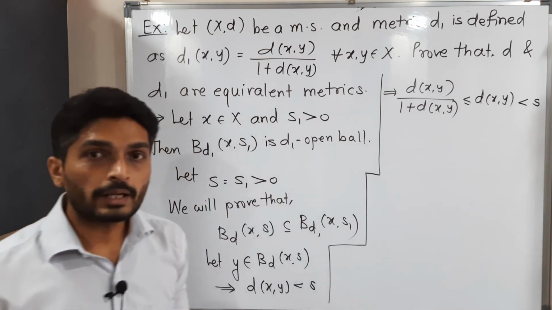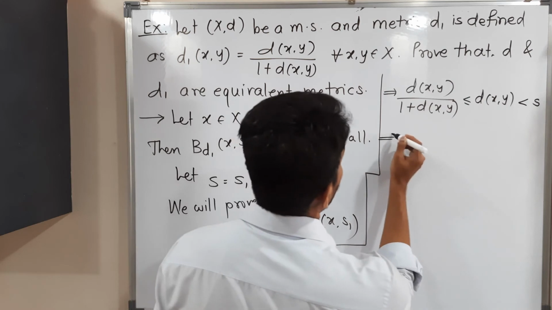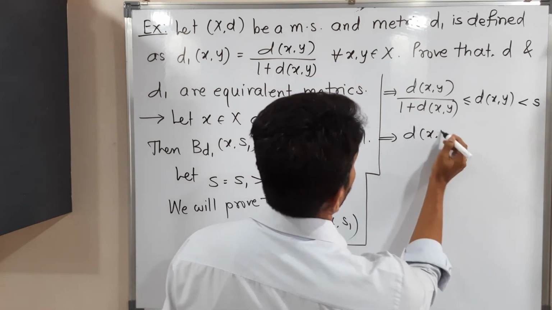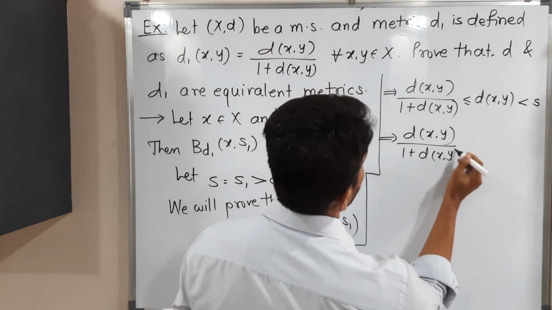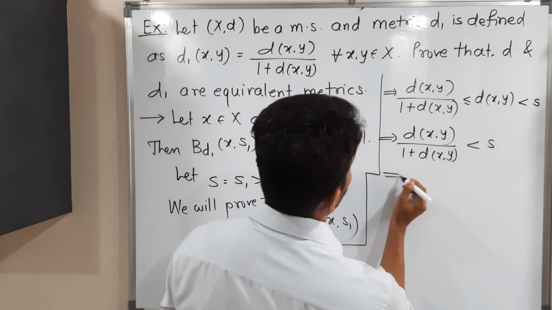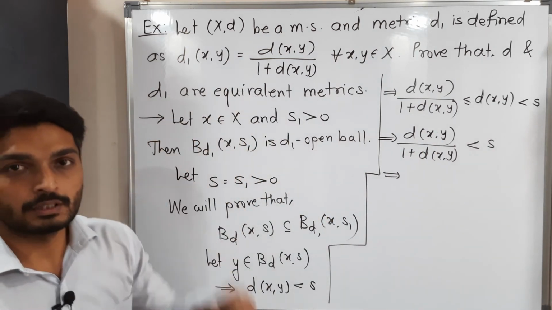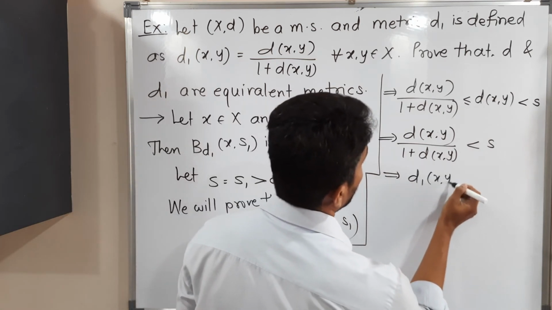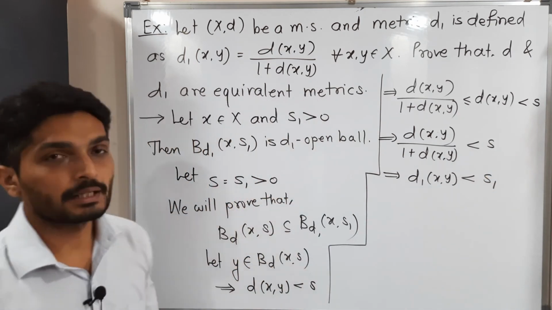We know that if a is less than b and b is less than c, then a is less than c. So therefore d(x, y) / (1 + d(x, y)) is less than s. This is nothing but the definition of d1. So we can write d1(x, y) is less than s1, since s is nothing but s1.